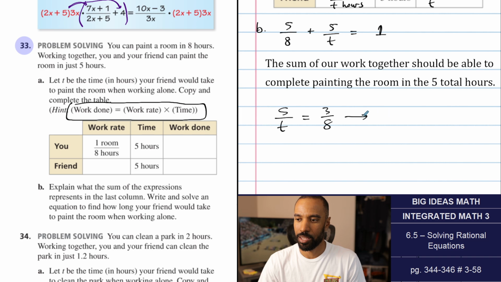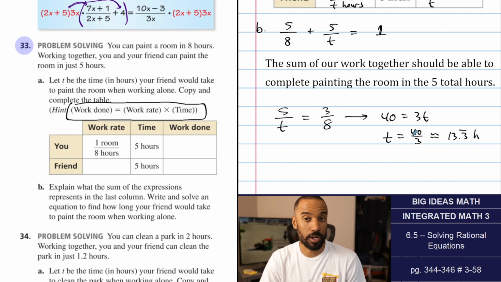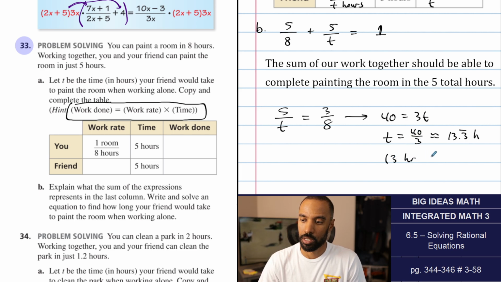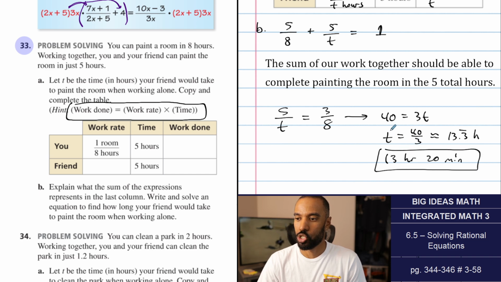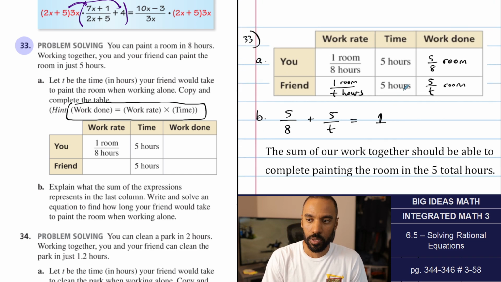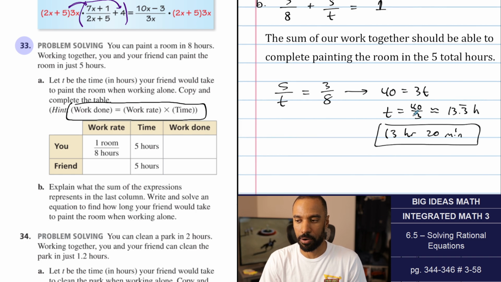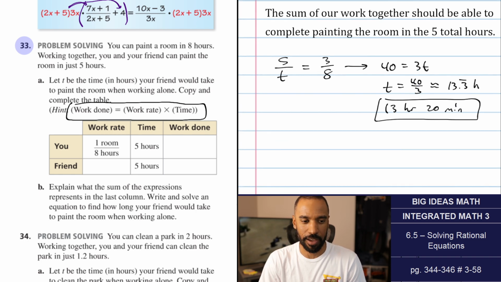Cross multiply: 8 times 5 is 40, and you get 3t, so t is 40 over 3, which is 13.3 repeating hours. That's 13 hours, 20 minutes. This is how long it would take your friend to do it alone. Me, I'm 8 hours alone. They're 13 hours, 20 minutes alone. Together, we could do it in 5 hours if we join forces.